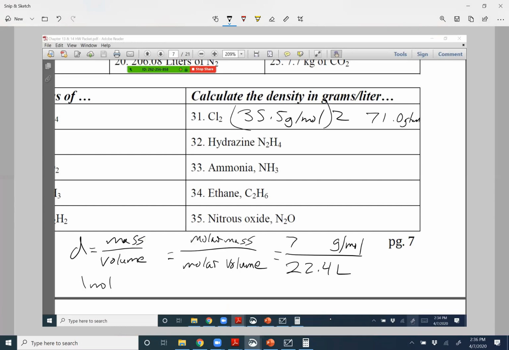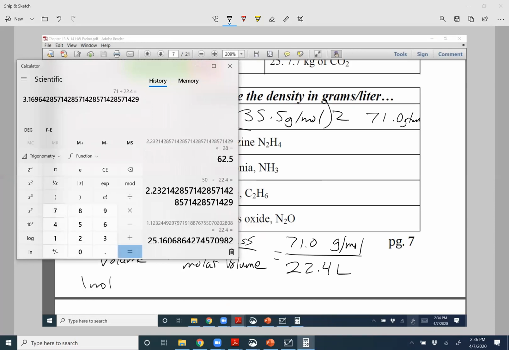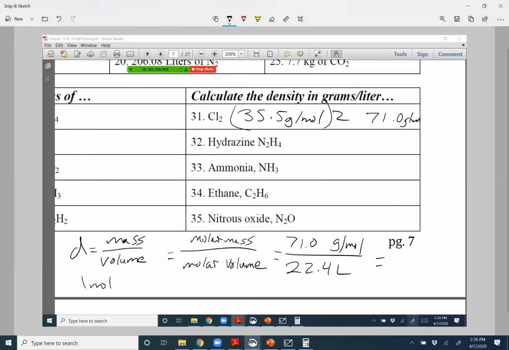So 71 grams per mole divided by 22.4 liters gives us a density of 3.17 grams per liter. This is liters per mole, so those cancel, and we're left with grams per liter.